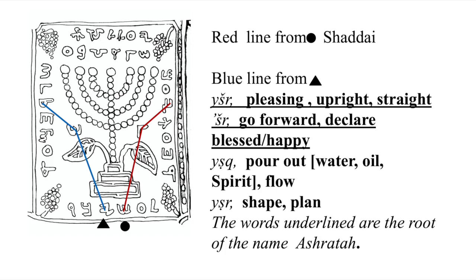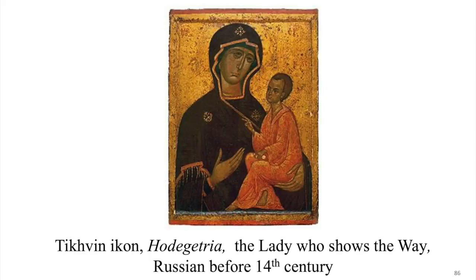Now, the words that I've underlined there, pleasing, upright, going straight, going forward, declaring blessed or happy, these are the root of the name Ashrata, which is one of the names or perhaps the titles of the lady. One of the things she did was to point the way or to show you the right path.